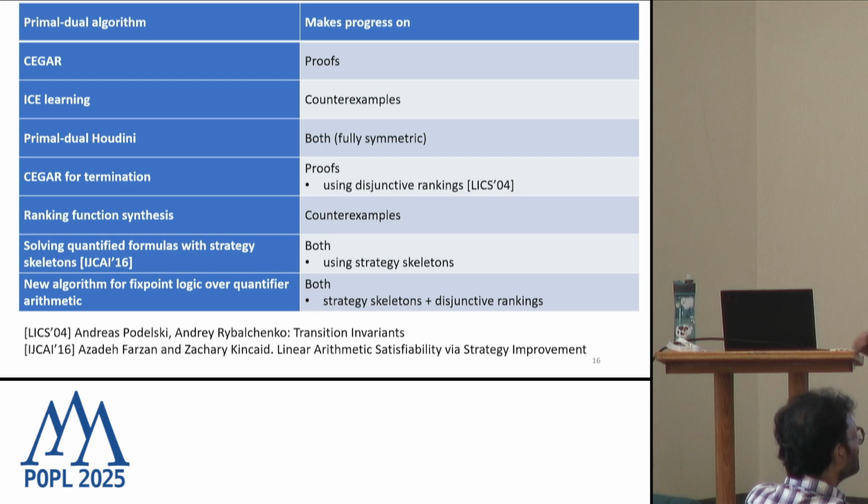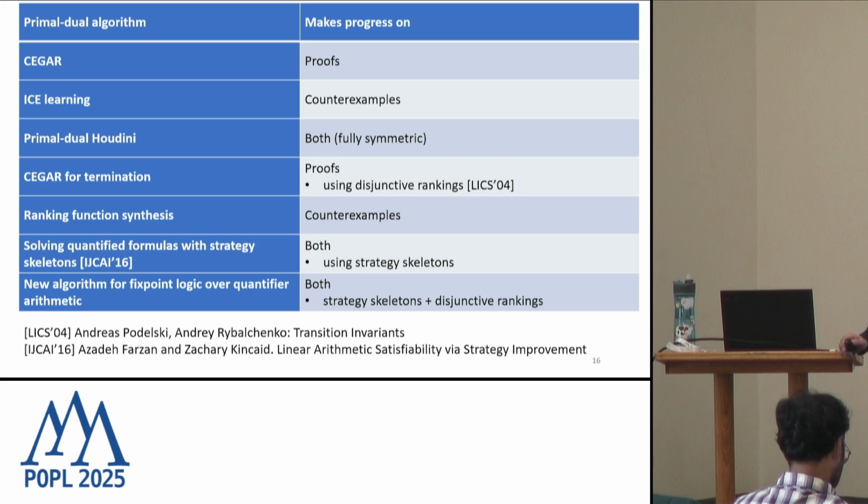And I will note some interesting properties of them. So for Primal-Dual Houdini, it's a recent algorithm that is explicitly Primal-Dual. And what's interesting there is that it makes progress in a symmetric way on both sides, both on proofs and counterexamples.